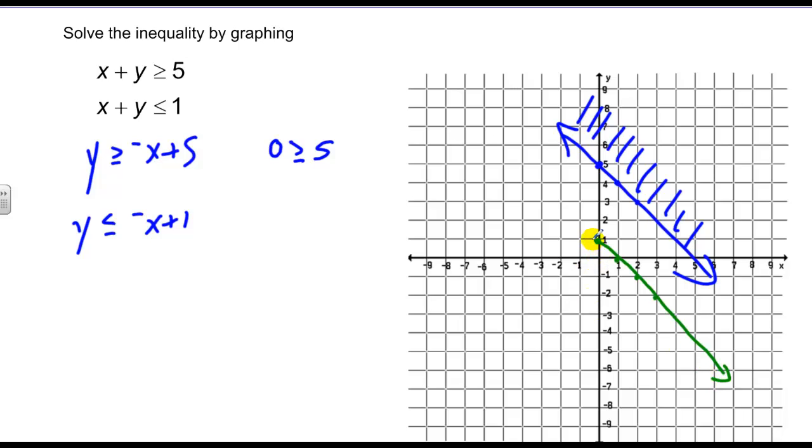You'll notice these lines are parallel. They'll never intersect. And I use 0, 0 as my sample point, so is 0 less than or equal to 1? Yes, it is. So shade towards 0, 0. And if these lines will never intersect and my shading's going away from each other, there's no solution.